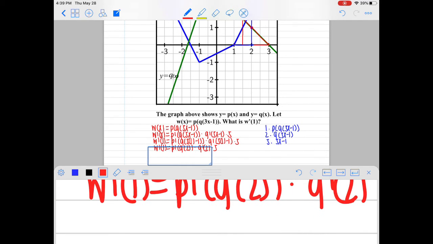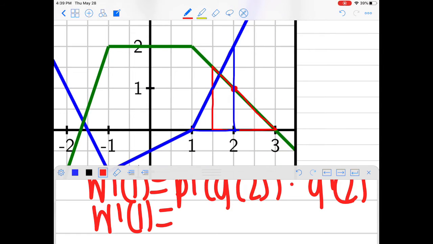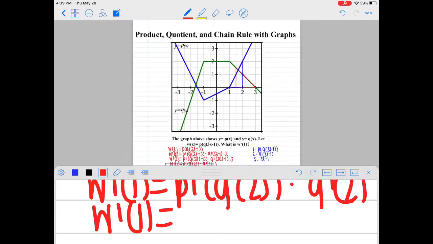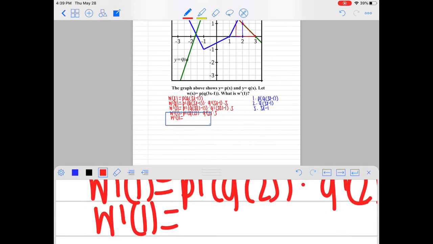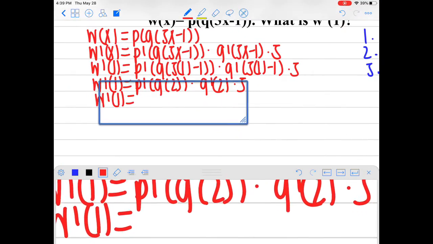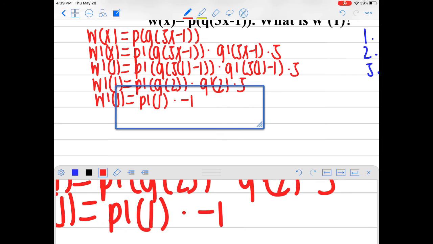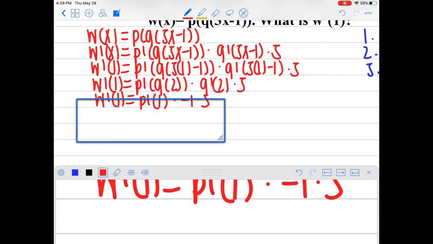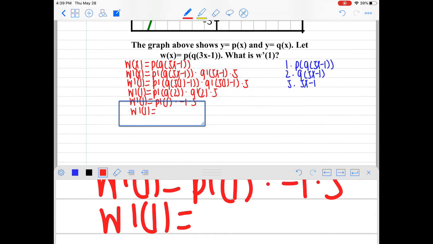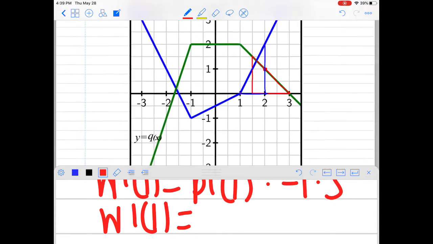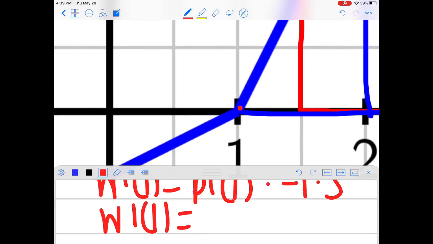And we're going to be looking at the graph here to find where q equals 2 and find where q prime equals 2 as well by looking at the slope of the graph. And that is going to get us p prime of 1 times -1 times 3. And now we're going to look at the graph to see what the slope of p is at a value of 1.